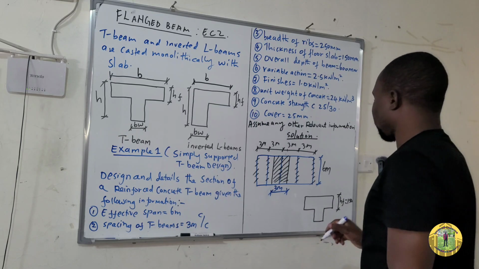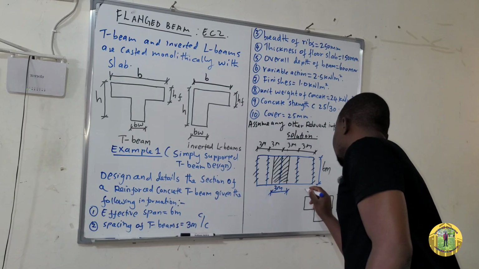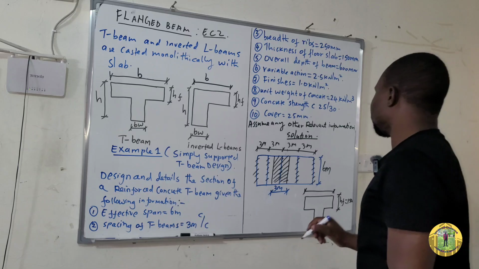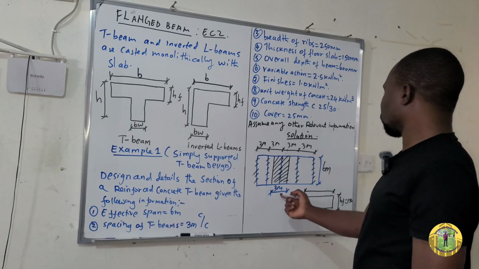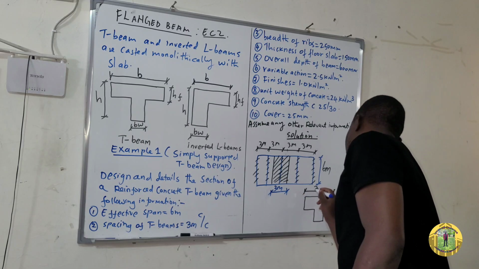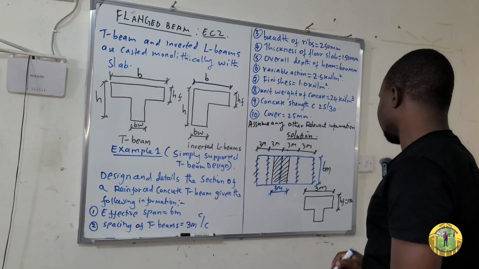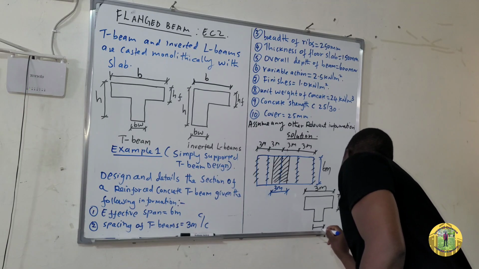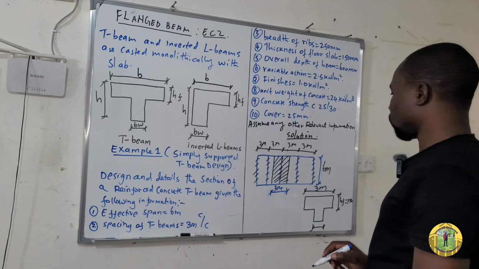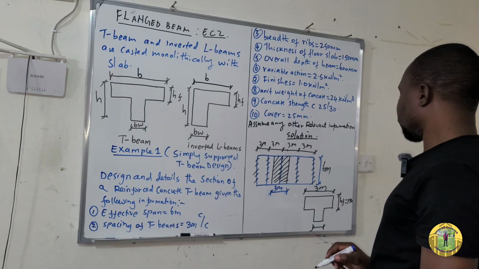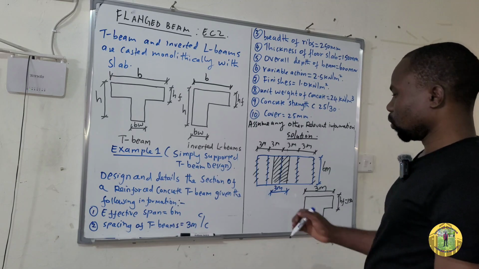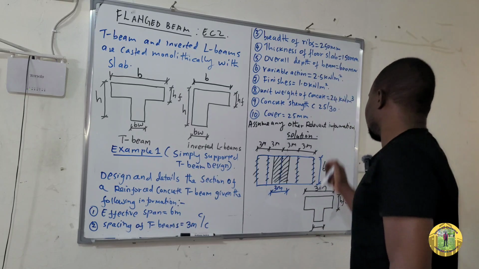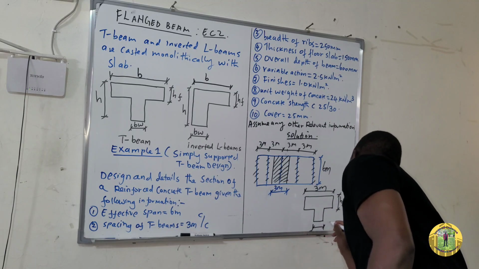And then this is the length of the flange, which is 3 meters. And here is the rib, or what we call the width of the web, which is equal to 250 millimeter.